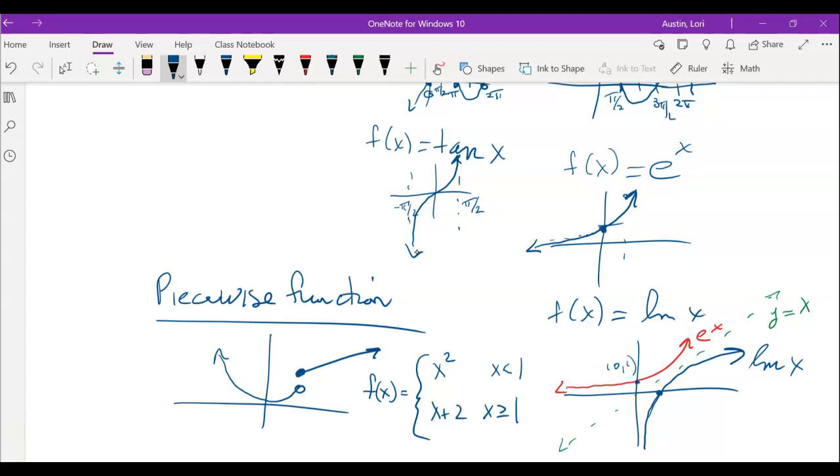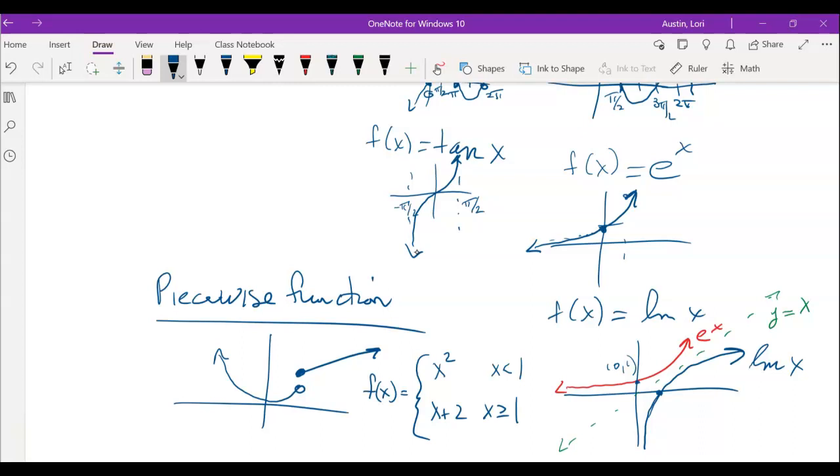What happens is the function is defined as one thing on one interval. So it's a parabola. It's a basic y equals x squared parabola up until you get to 1. And then what happens at 1? It becomes a whole other graph. Now it becomes this linear x plus 2. Okay?